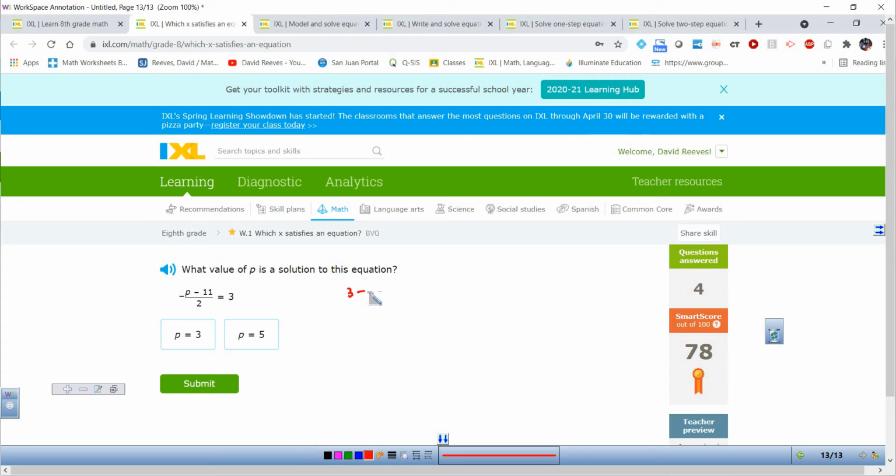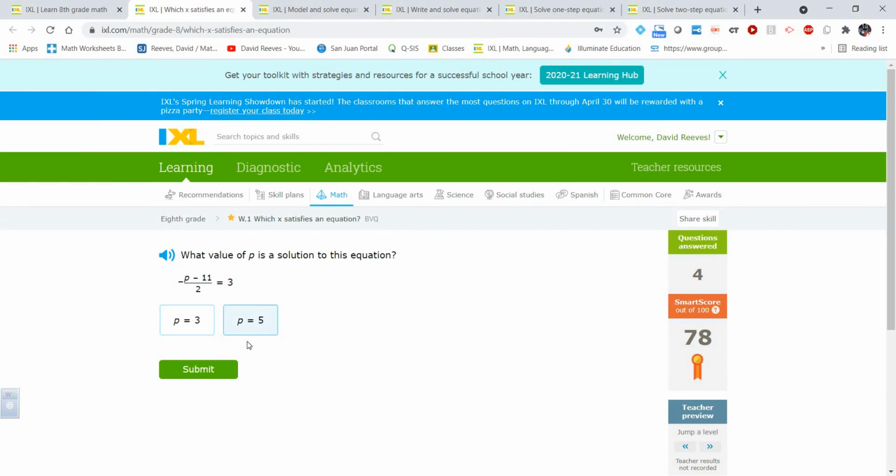Because if I do 3 minus 11 divided by 2, that's going to give me negative 8 divided by 2 is negative 4. If I do 5 minus 11 divided by 2, that's going to give me negative 6 divided by 2, and that's going to give me negative 3. I think that's supposed to be like a negative p like that. So the correct answer that we would be looking for was 5. 5 is what makes it work.